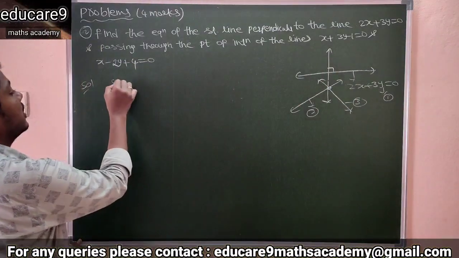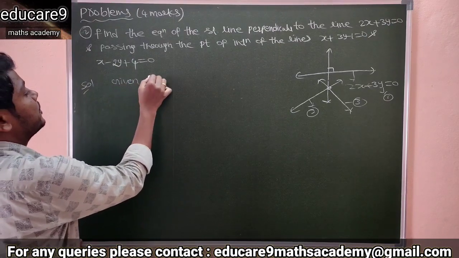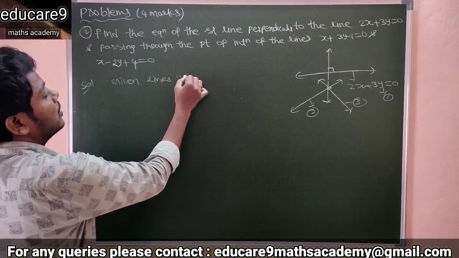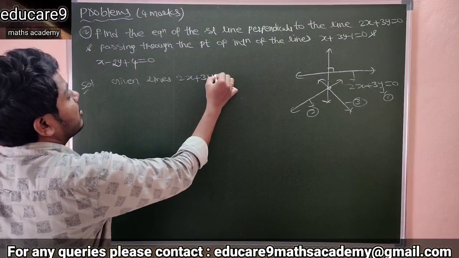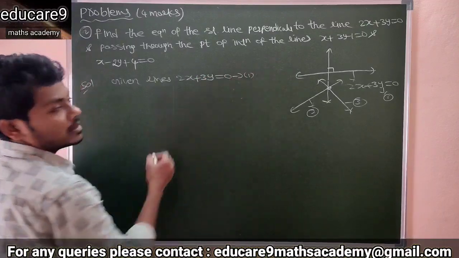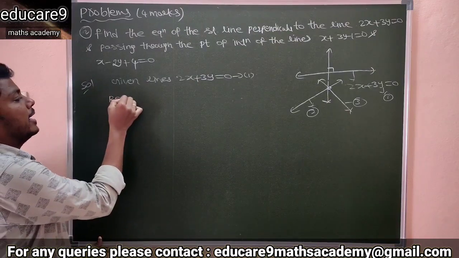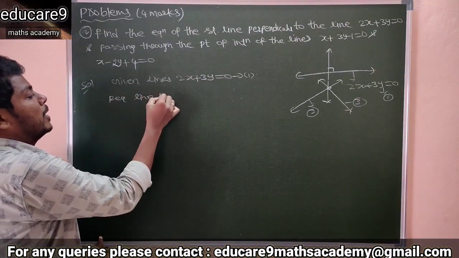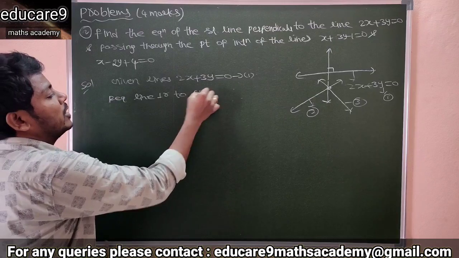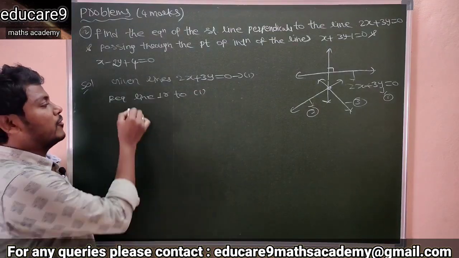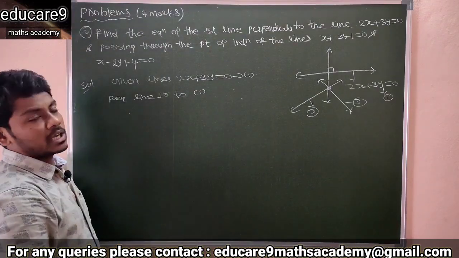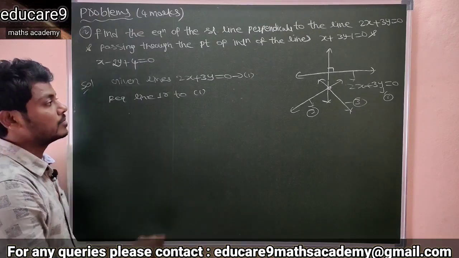See here, the given line is 2x plus 3y equals 0. This is equation 1. The required line is perpendicular to equation 1, so the product of the slopes is minus 1.